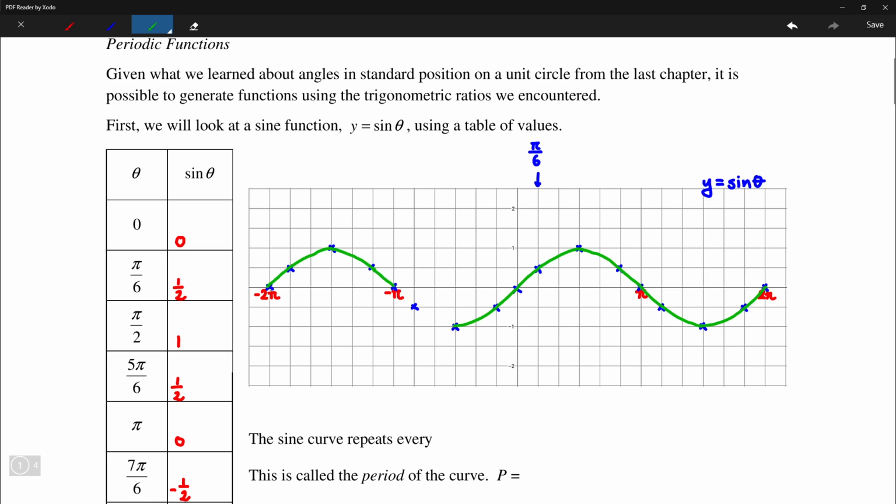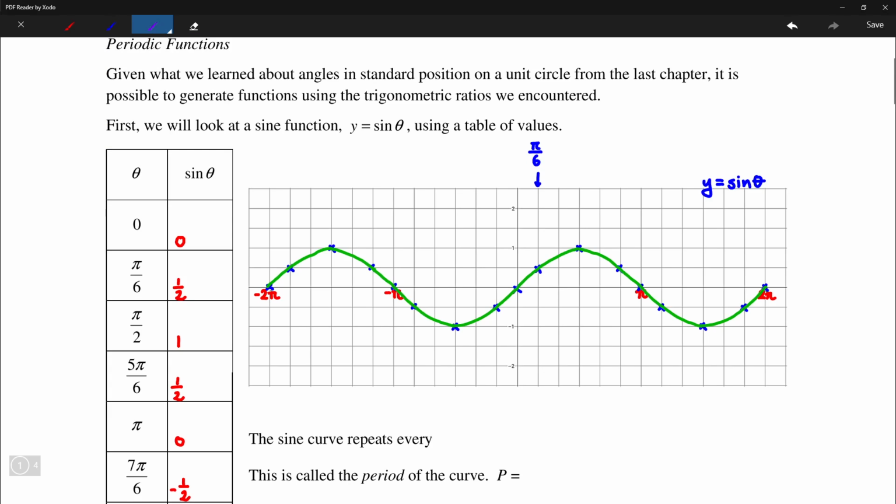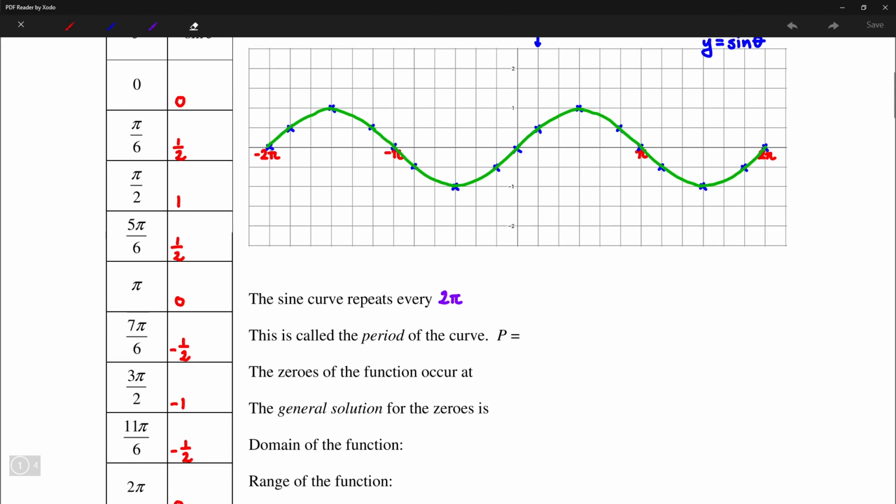So what we'll notice is that this graph repeats itself every 2 pi. And this is called the period of the curve. So the period of y equals sine theta is 2 pi. Next, we can also check the zeros of this function.